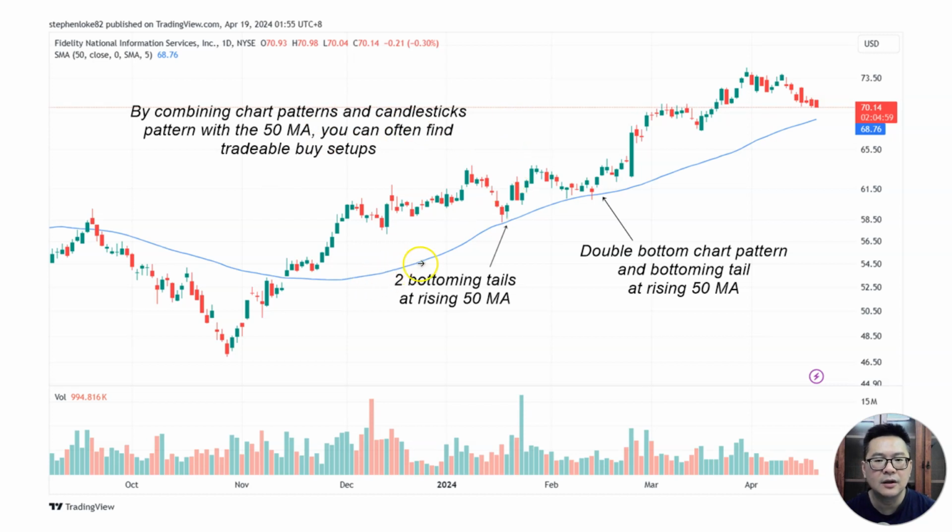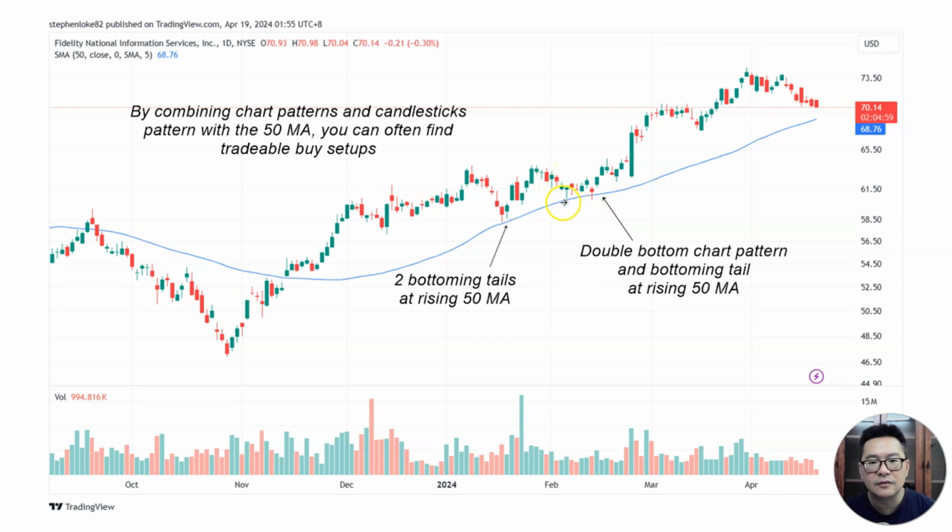For example, we have this rising 20 MA, rising 50 MA. The stock was also rising and corrected, and then it formed first a bottoming tail and then a second bottoming tail. Now this was a very strong sign that the stock wants to go up, and that's why it went up. And here we have the stock correcting, making bottoming tail, bottoming tail, bottoming tails, which are bullish reversal candlestick patterns.